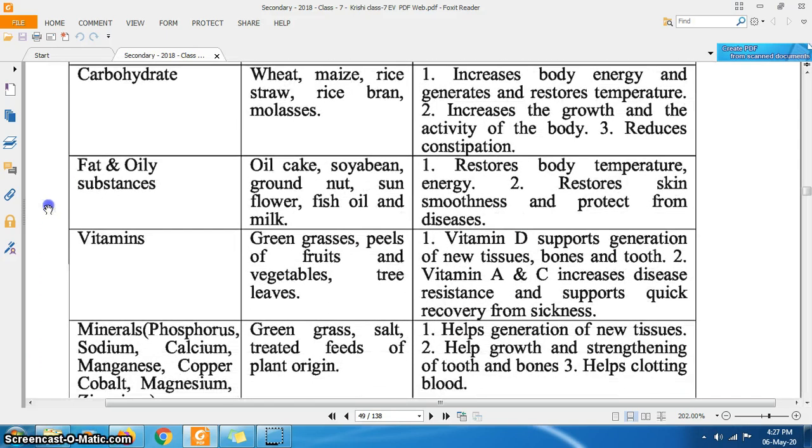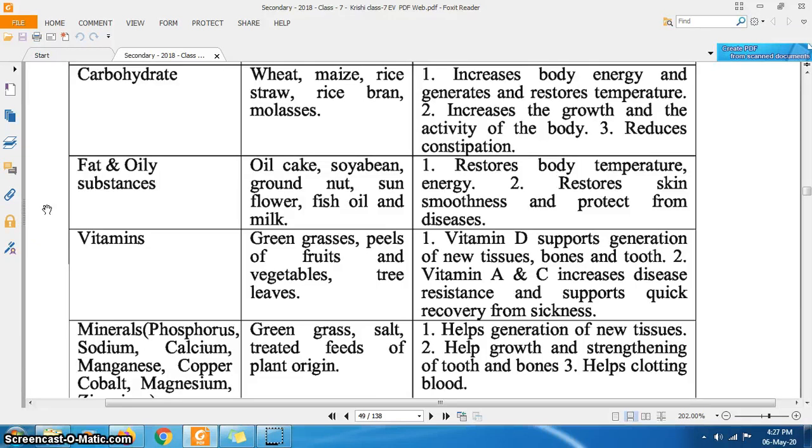Fat and oily substances. Sources are oil cake, soybean, groundnut, sunflower, fish oil, and milk. Fat and oily substances restore body temperature and energy, restore skin smoothness, and protect against diseases.